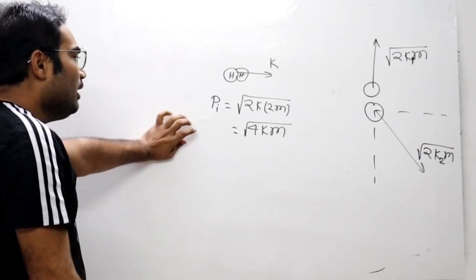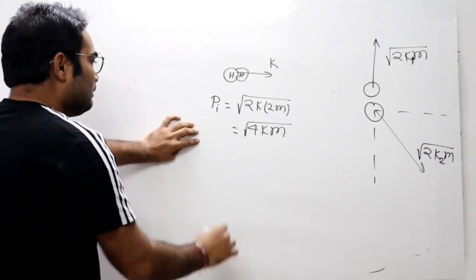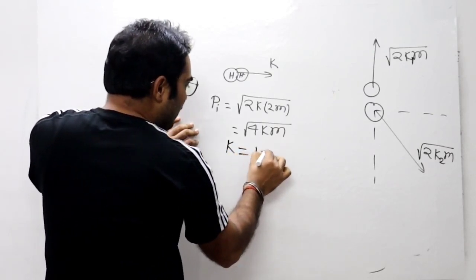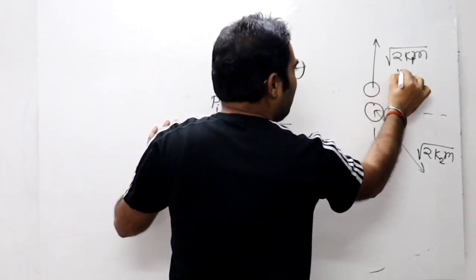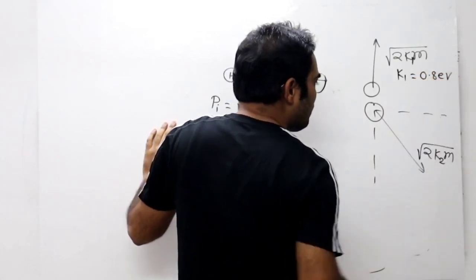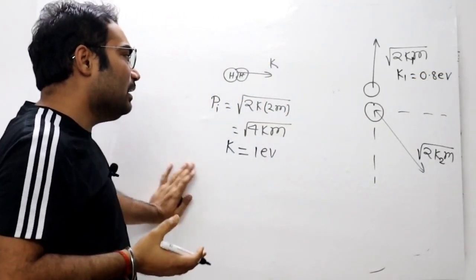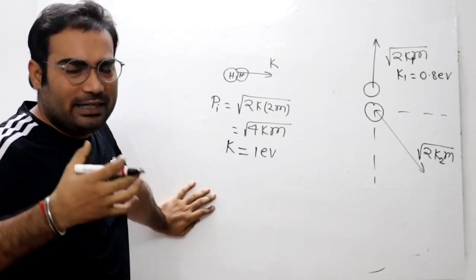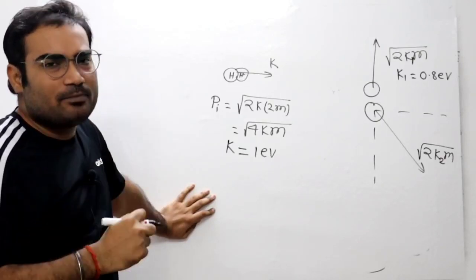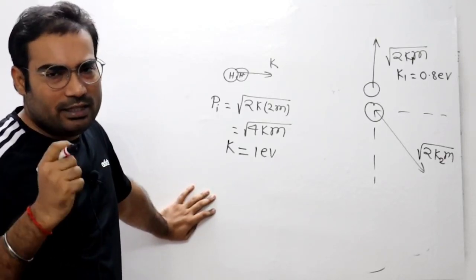Now understand, K given in the question is 1 electron volt, K1 given in the question is 0.8 electron volt, and we have to calculate K2, and further the energy released during this dissociation.